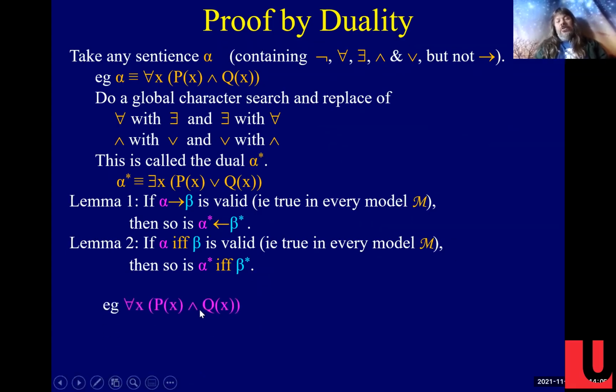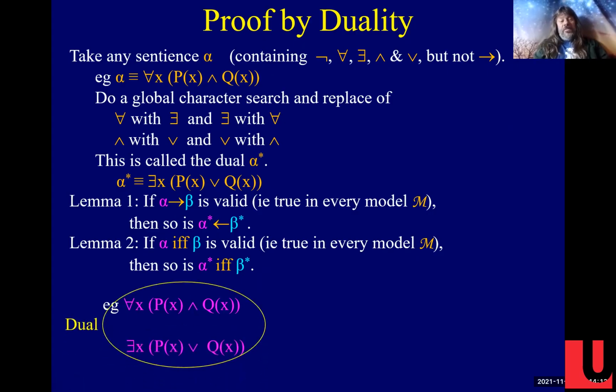And so let's do a few examples. Here's one statement, and what is its dual? Its dual is that, right? We replace the for all with exists and with or.